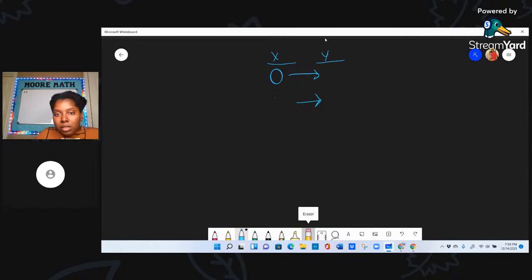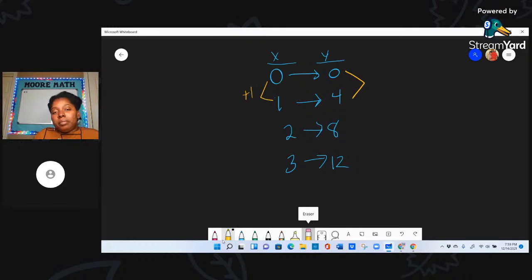Okay. 0, 0, 1, 4, 2, 8, and 3, 12. All right. So tell me what you notice. The x's are going up by 1. Good. And what about the y? They're going up by 4. Yeah, each of these y's are increasing by 4.